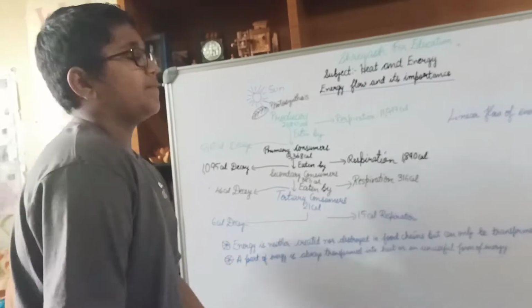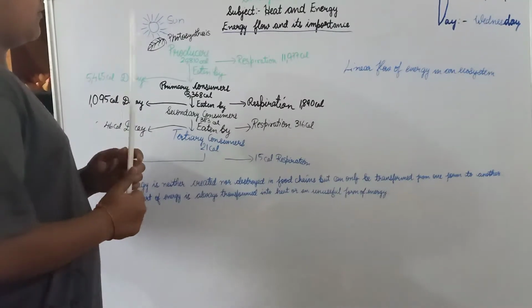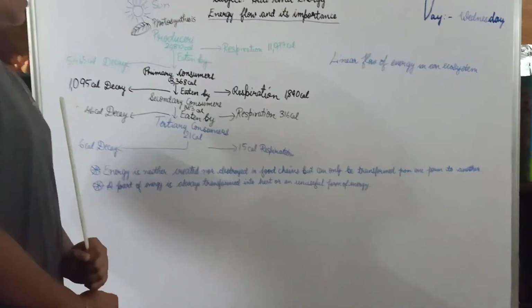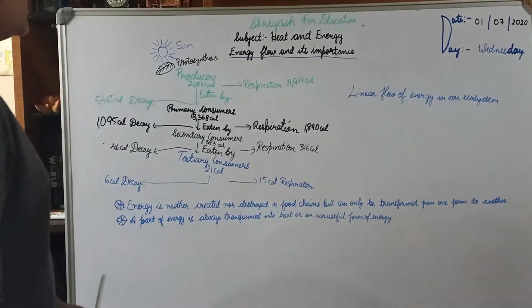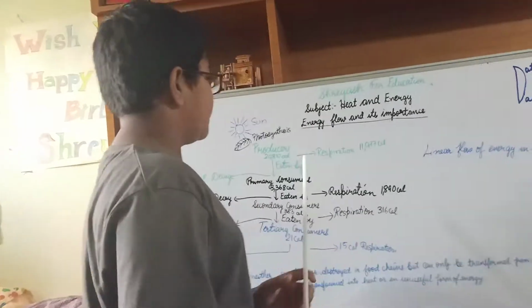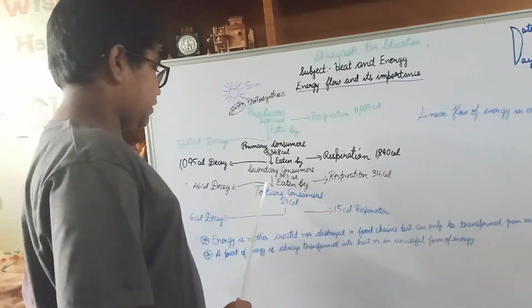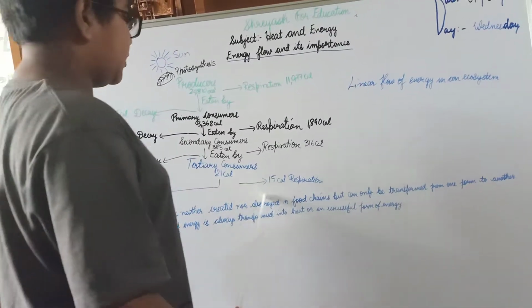If we take a normal ecosystem, or the flow of energy in a food chain, we can see the approximate ratio of how many calories are burned and how many are used up.